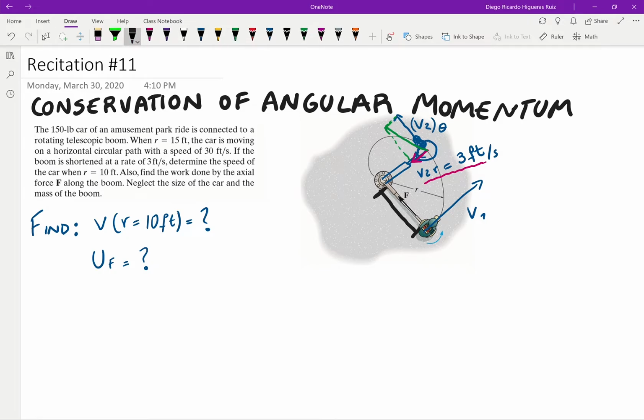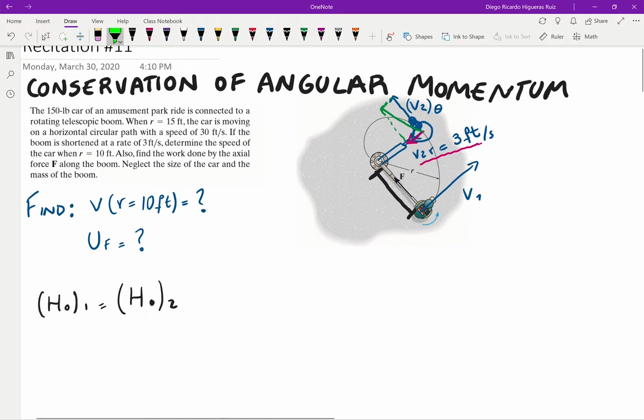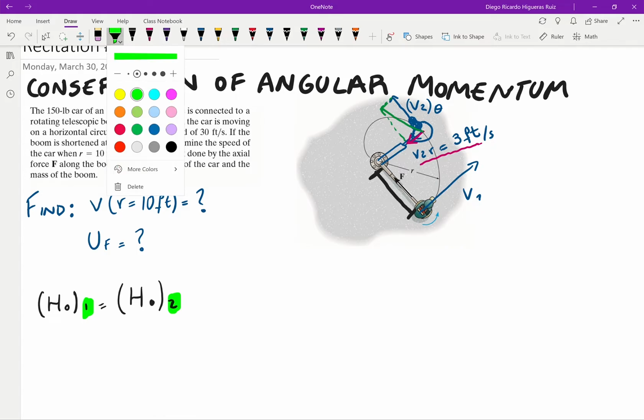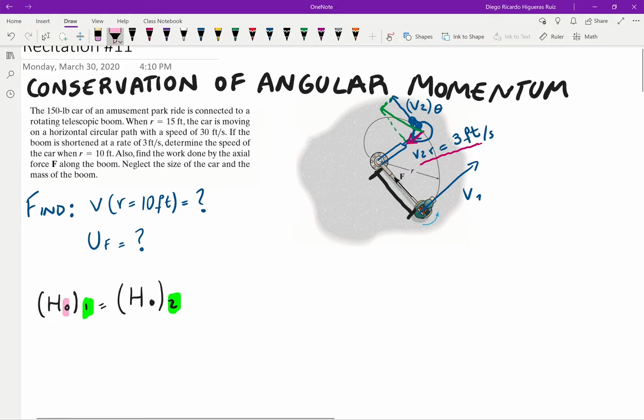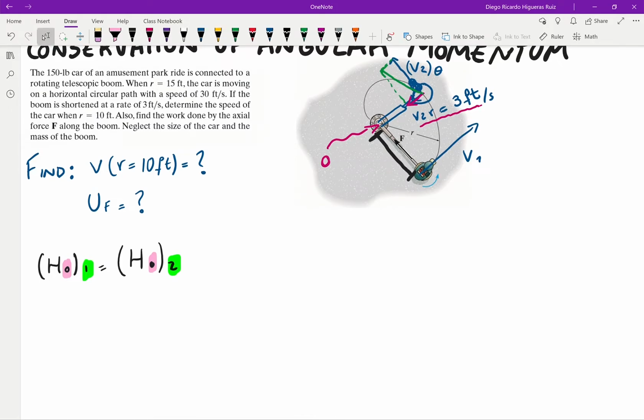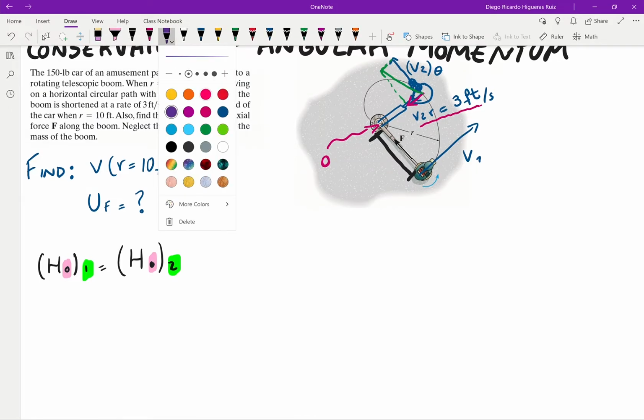So we're gonna start writing the conservation of angular momentum equation, where we have this 1 and 2, which indicate the initial and final state, and this notation right here is indicating that that's the angular momentum with respect to the center O. Alright, so let's write the equations down and see what we got.